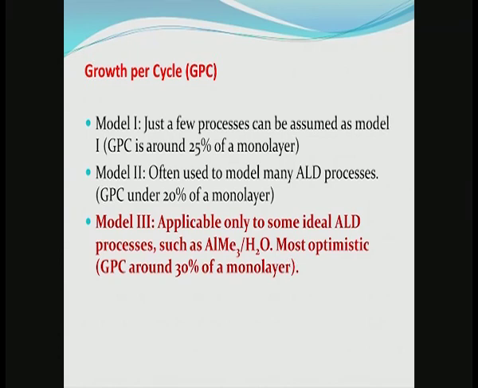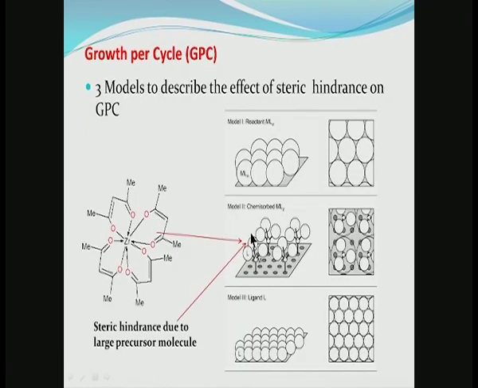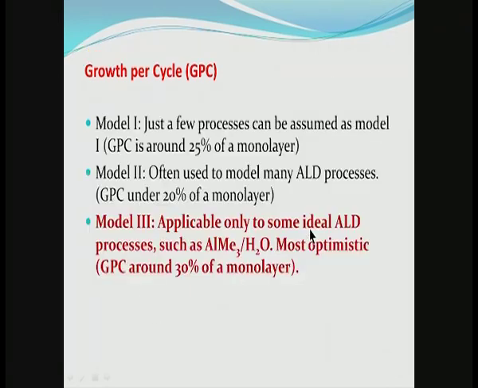The case of zirconium oxide, for example, would be such a case when zirconium acetyl acetonate is used as the precursor. Model 2, which is where we have these chemisorbed ligands over here, is often used to model the ALD process, and the percentage coverage is less than 20% of a monolayer in such a case, large ligand, large void space.